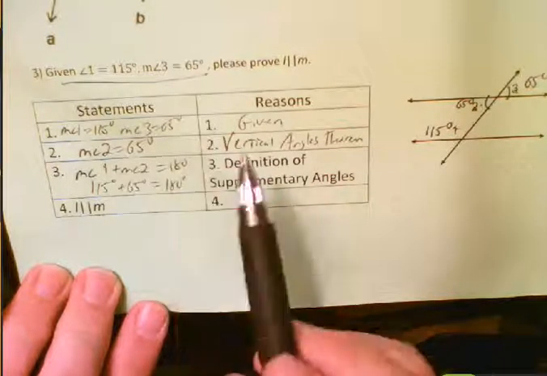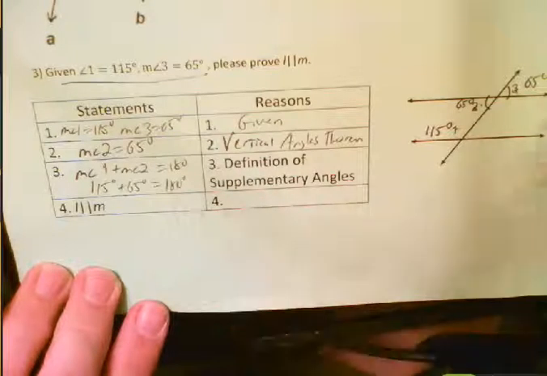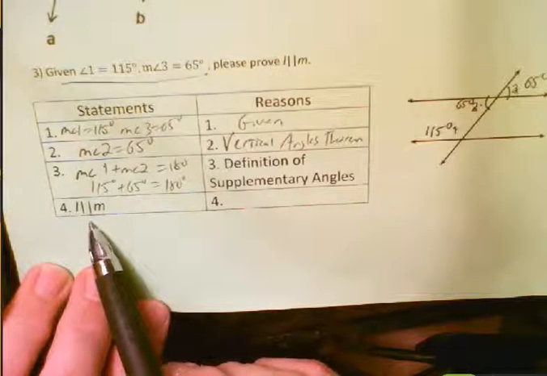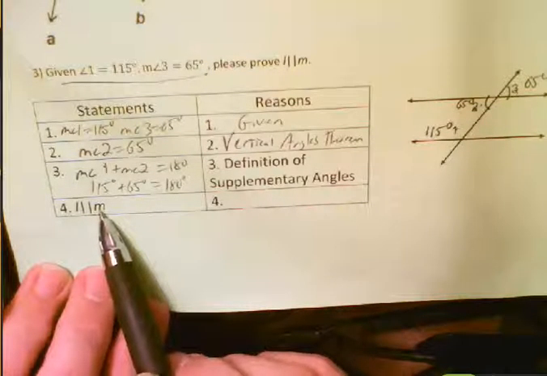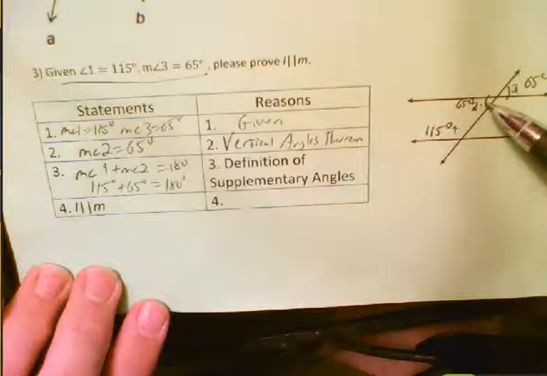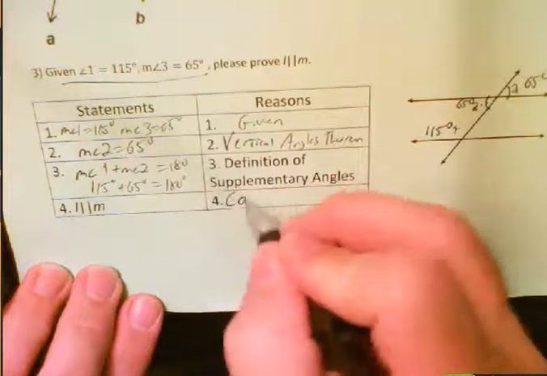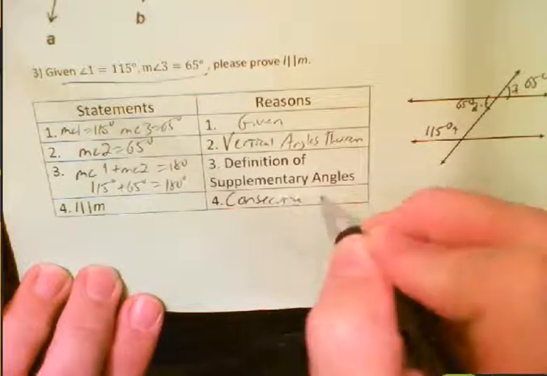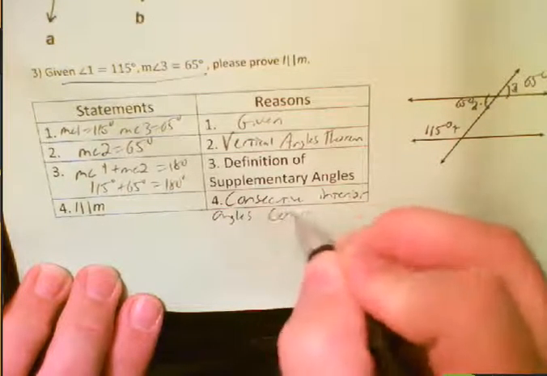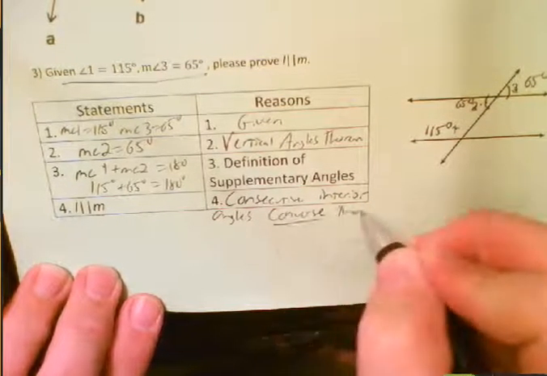I would accept any of that, because to me that tells me you recognize that 1 and 2 are supplementary, which leads us to our next step, which is L is parallel to M. And L is parallel to M because you have consecutive interior angles that are supplementary, and that is the consecutive interior angles converse theorem.